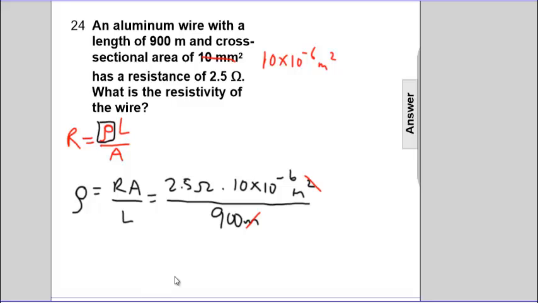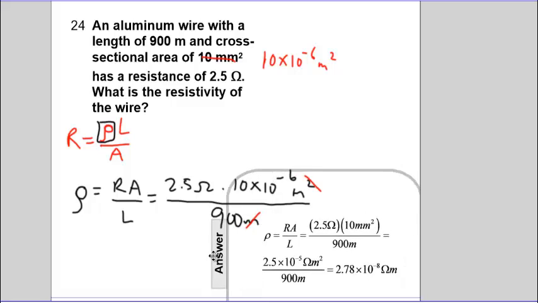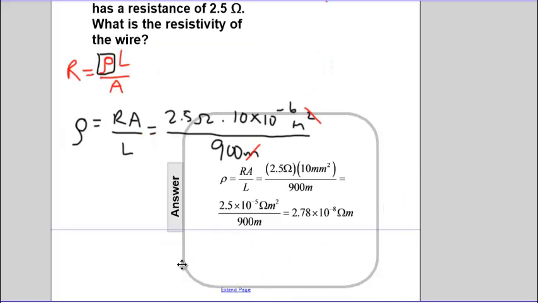Let's get rid of some units, and we end up with ohm meters, which are the units for resistivity. Rather than doing the math, we'll solve for the resistivity for aluminum and double check our answers. 2.5 ohms times 10 millimeters squared divided by 900. So we have 2.5 times 10 times 10 to the negative 6 is 10 to the negative 5, divided by 900, which gives us 2.78 times 10 to the negative 8 ohm meters.